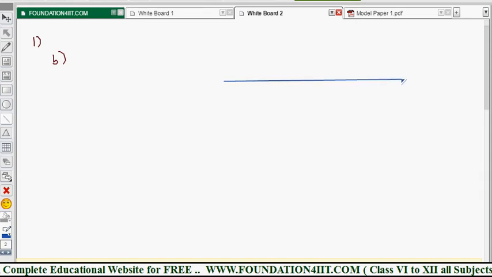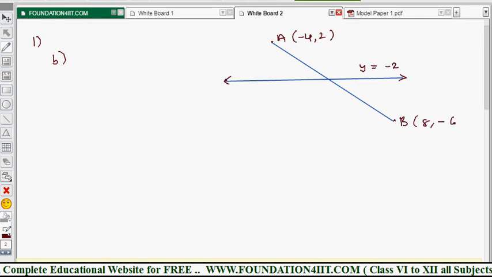One line is y is equal to minus 2 and the other you can take the points. This is the equation of this line. One point is A, that is minus 4 comma 2, and the other point is B, that is given as 8 comma minus 6. These are the given data and we need to find out the ratio.